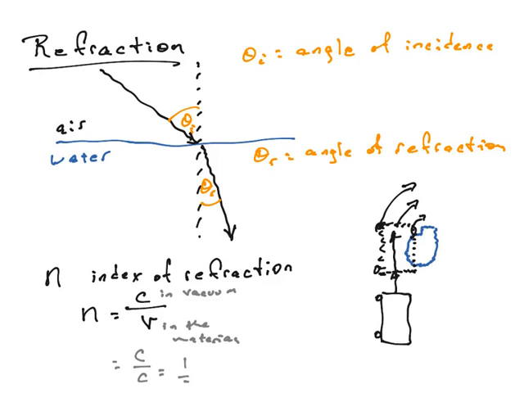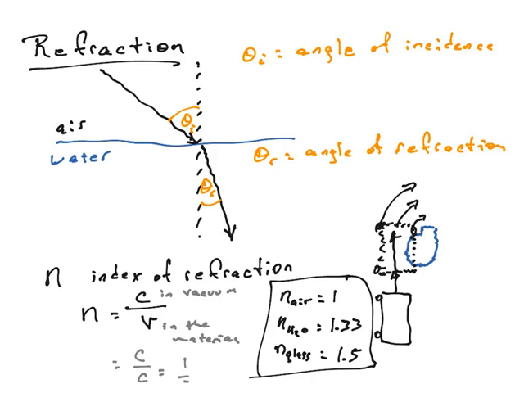And in fact, typical indices of refraction you may see: air is 1, water 1.33, and glass is 1.5. So these are the indices of refraction we're going to need for our calculations. Obviously, there's different types of water. There's salt water, there's sugar water, and that'll have slightly different numbers.